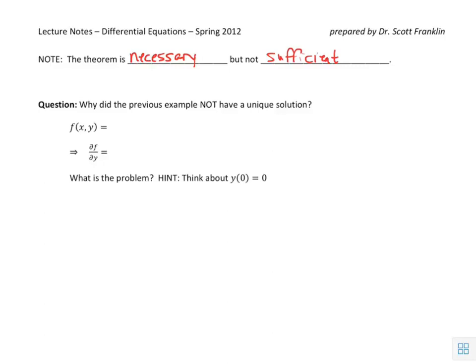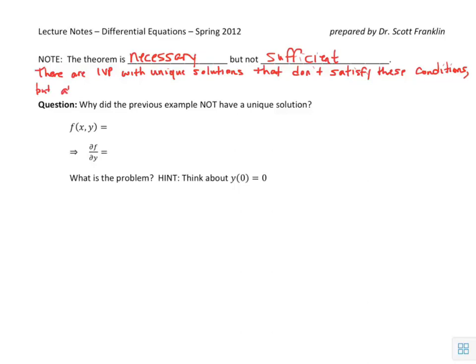It's not a biconditional or an equivalent statement. There are initial value problems with unique solutions that don't satisfy these conditions. On the other hand, if an initial value problem satisfies those conditions, we know it has a unique solution. So all initial value problems that satisfy the conditions in the theorem have unique solutions.